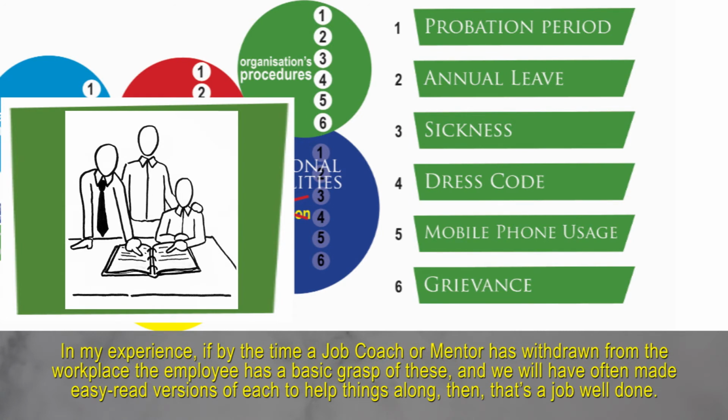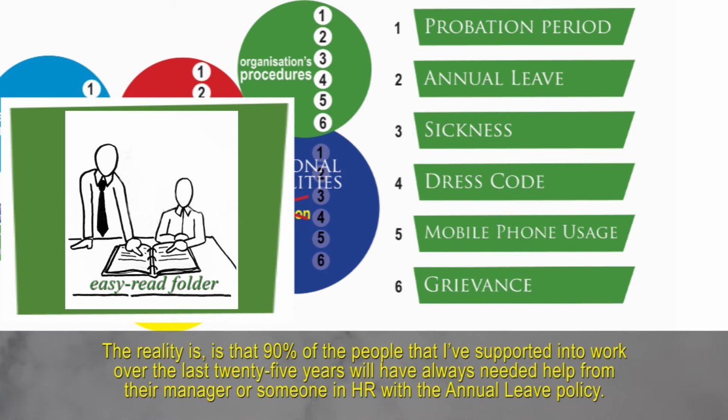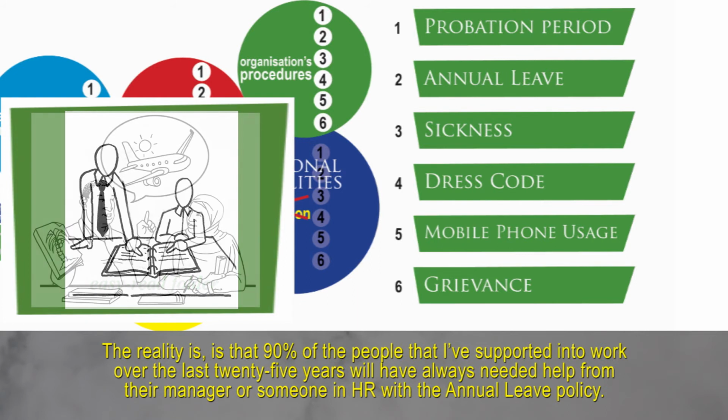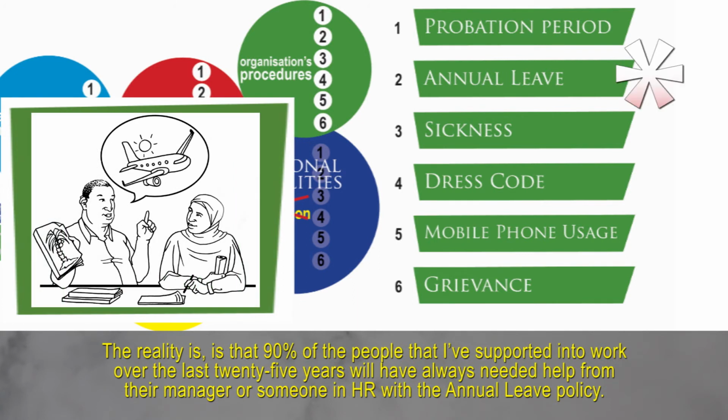In my experience, if by the time a job coach or mentor has withdrawn from the workplace, the employee has a basic grasp of these, and we will have often made easy read versions of each to help things along, then that's a job well done. The reality is that 90% of the people that I've supported into work over the last 25 years will have always needed help from their manager or someone in HR with the annual leave policy.